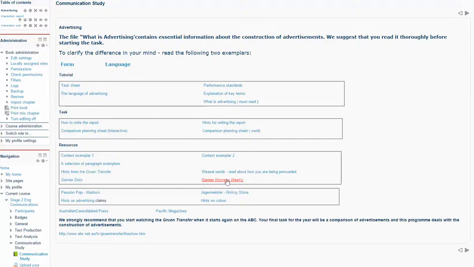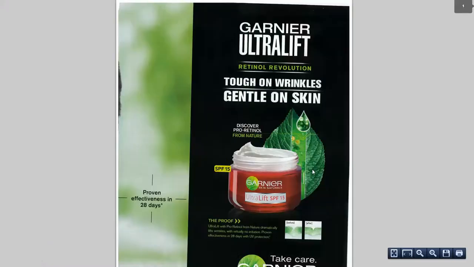If you look at the Garnier in Women's Weekly, you will see, look, it's tough on wrinkles and gentle on skin. And it's a different colour, it's a different design, and what you will be studying is why. Why are these 2 advertisements for similar products in two different magazines with different target audiences? Why are they so different?